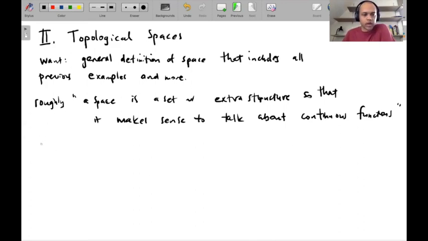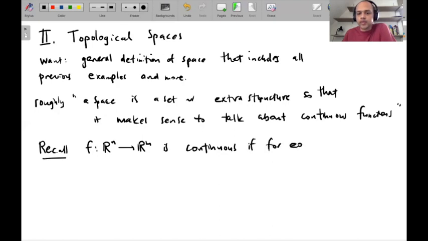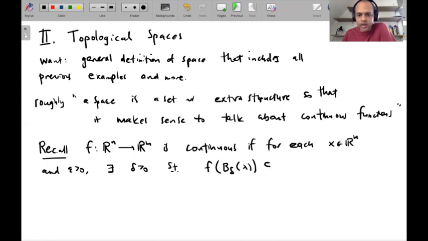So recall a function from Rn to Rm is continuous if for each x in Rn and epsilon greater than 0, there exists some delta so that, I'm going to write the condition like this and then explain the notation, the delta ball around x maps into the epsilon ball around f of x.